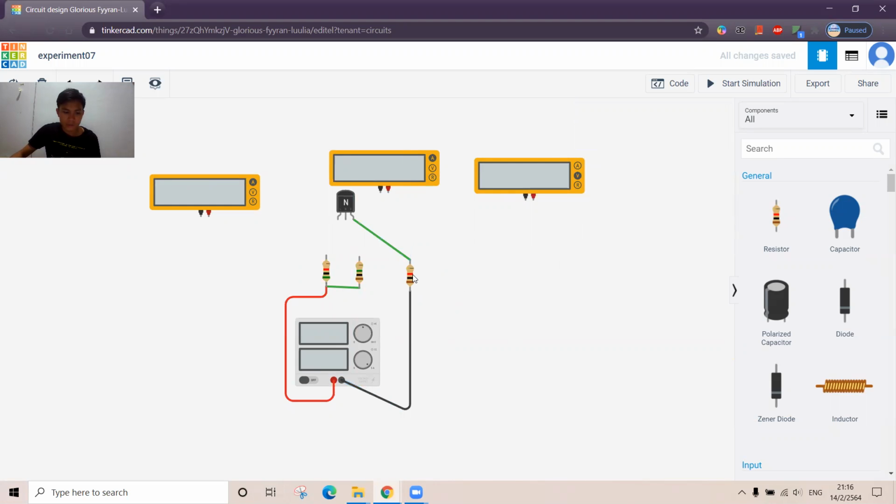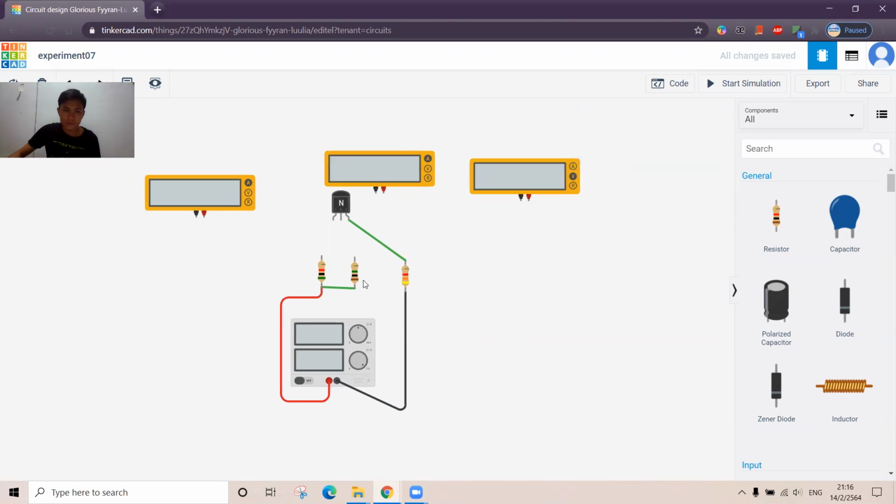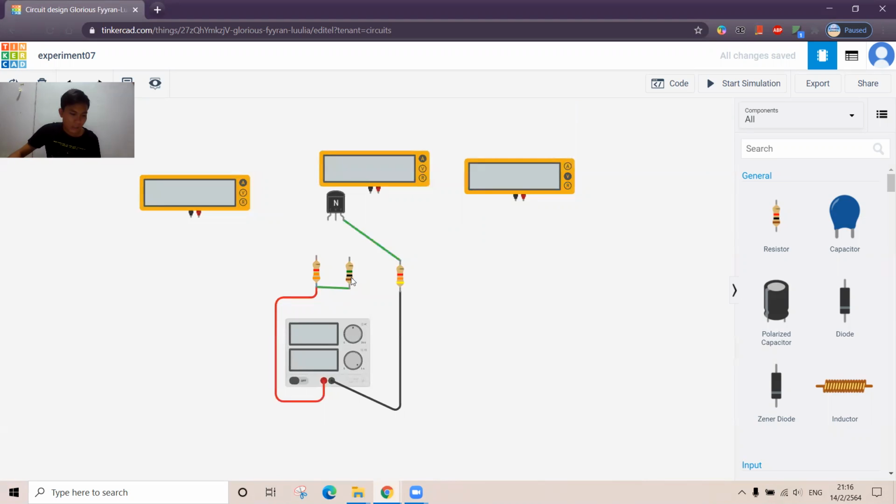This has the value of 4.3 kilo ohms. RC is 3.3 kilo ohms. RB is 2 megaohms. And these are connected to these legs.